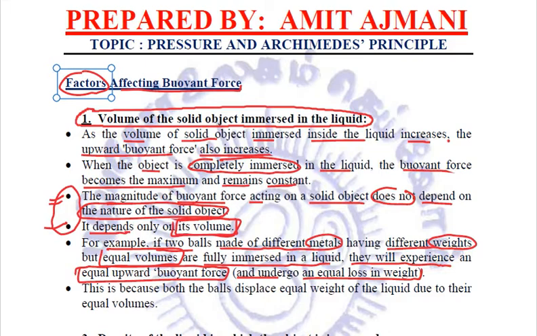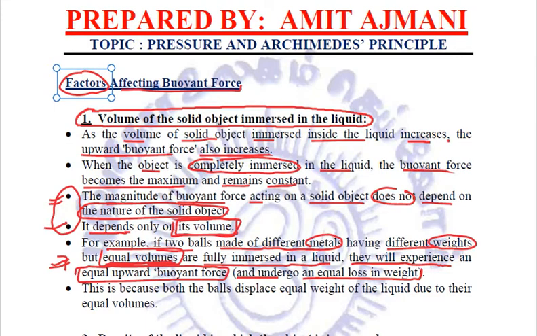Right now, relate this: even though these two balls were made of different metals with different weights, it does not cause any change in the amount of buoyant force acting on them, just because they have equal volumes. Got it?